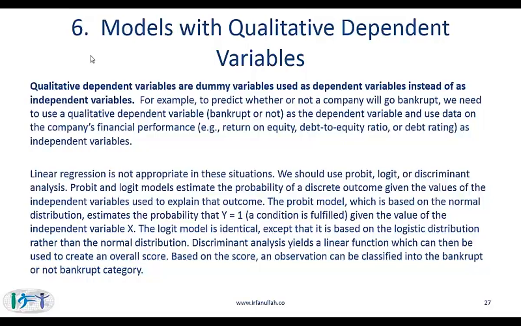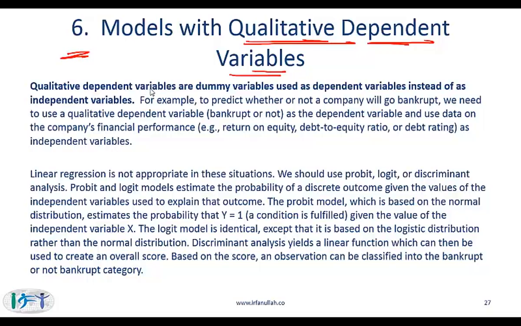Okay, the last section of this reading is models with qualitative dependent variables. This is a short section in the curriculum, and I've actually taken text from the curriculum that I think best summarizes what you really need to know. The first thing you need to know is what is this qualitative dependent variable. And before reading this to you, I'll explain in very simple terms.